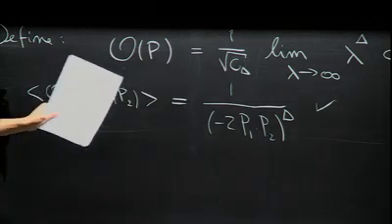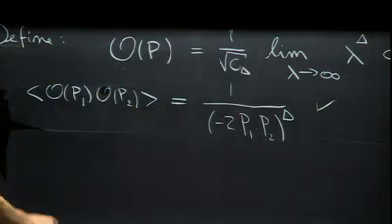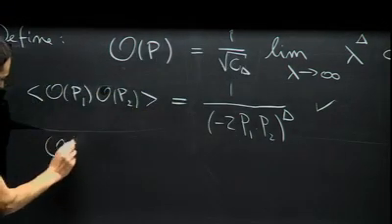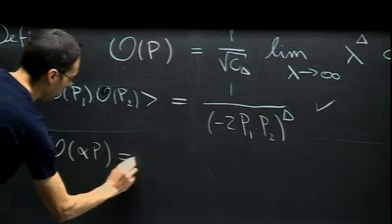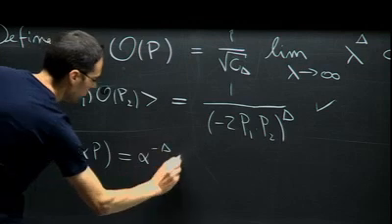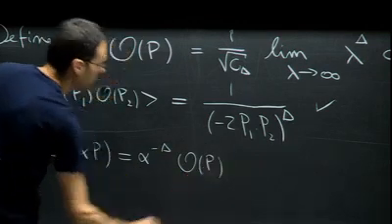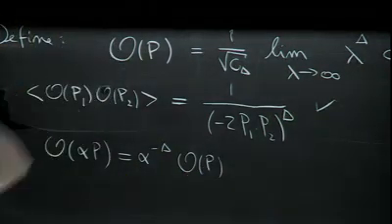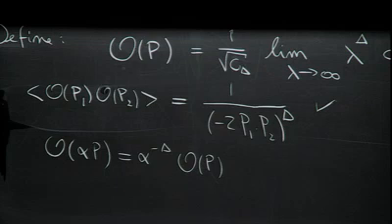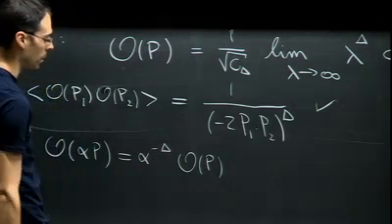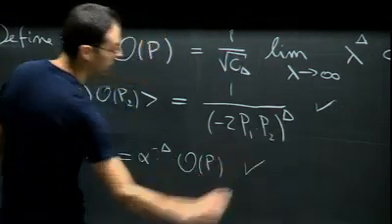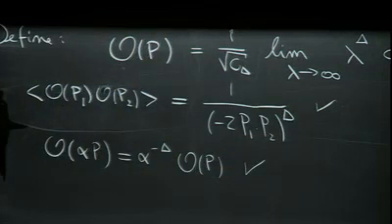Actually, you can just see from this definition, it follows directly that O has the homogeneity properties that you want. Okay, so it's automatic from this definition that O satisfies the scaling property of a dimension delta operator in a conformal field theory.